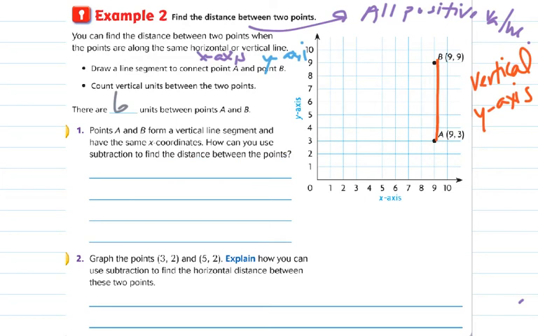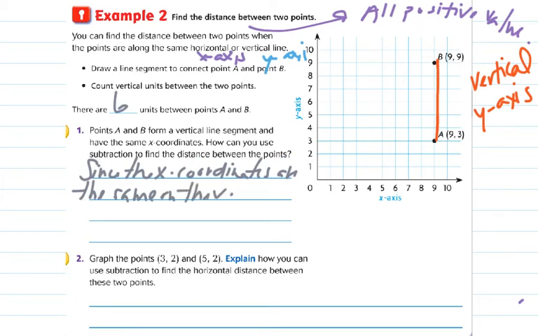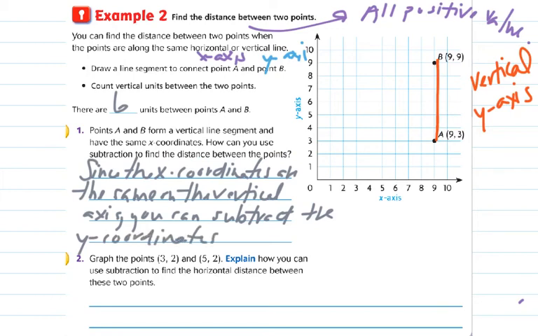So what we could say, boys and girls, is since the x coordinates are the same, on the vertical axis, you can subtract the y coordinates to find the vertical distance.